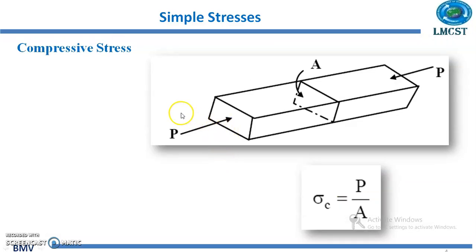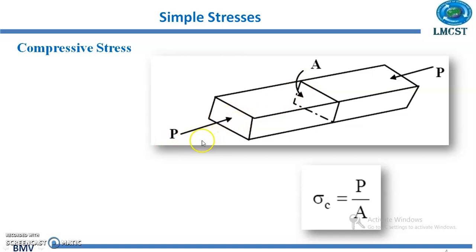Now we have the compressive stress. The same rectangular bar is considered here again, and this is the area of cross section, and this is the external force acting on the component.